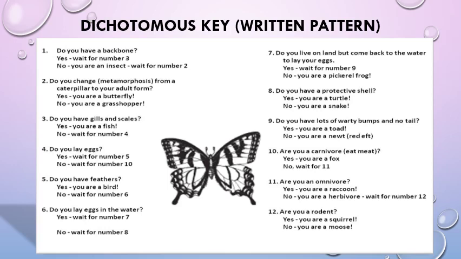Then move to number 10. Are you a carnivore? If yes, then it will be a fox, and if no, then move to number 11. Are you an omnivore? If yes, then it is a raccoon, and if no, then we have to move on to number 12. Are you a rodent? If yes, then it is a squirrel, and if no, then it is a moose.